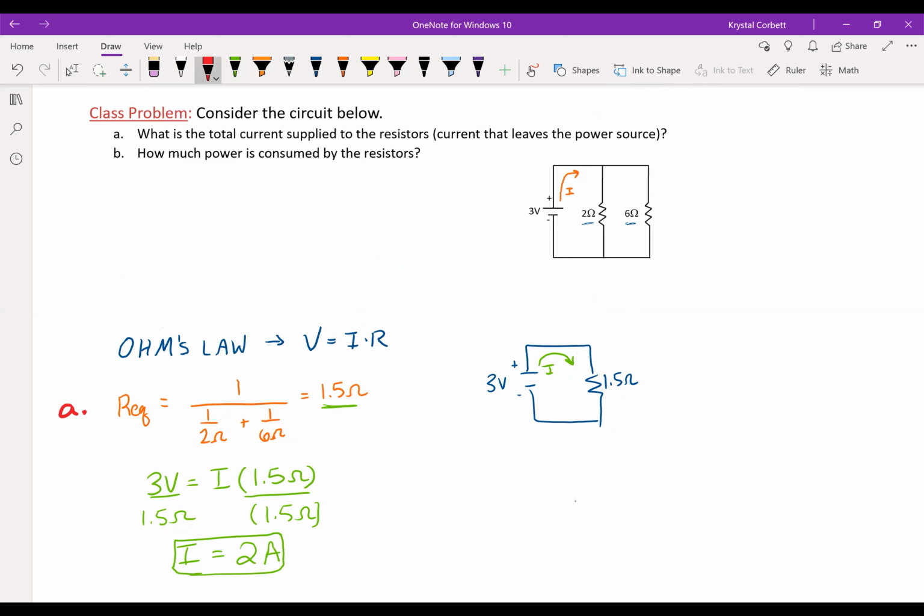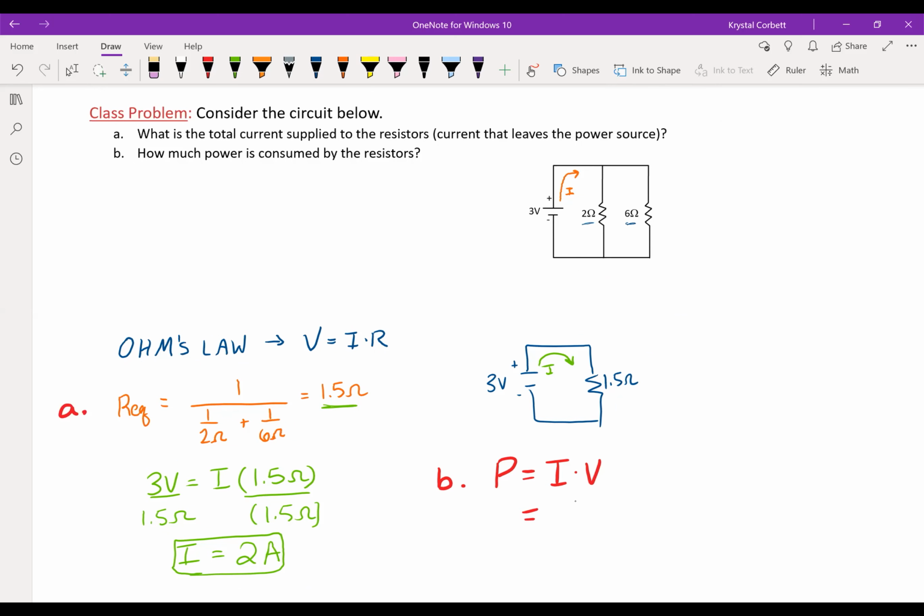Part B asks specifically for how much power is consumed by the resistors. Well, you know the power equation is power equals current times voltage. So now that I know the equivalent resistance of the resistors is 1.5 ohms, I can utilize this equation.